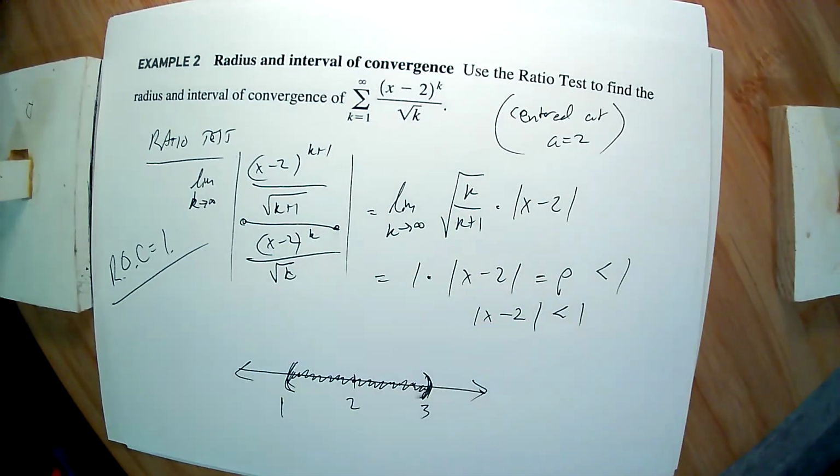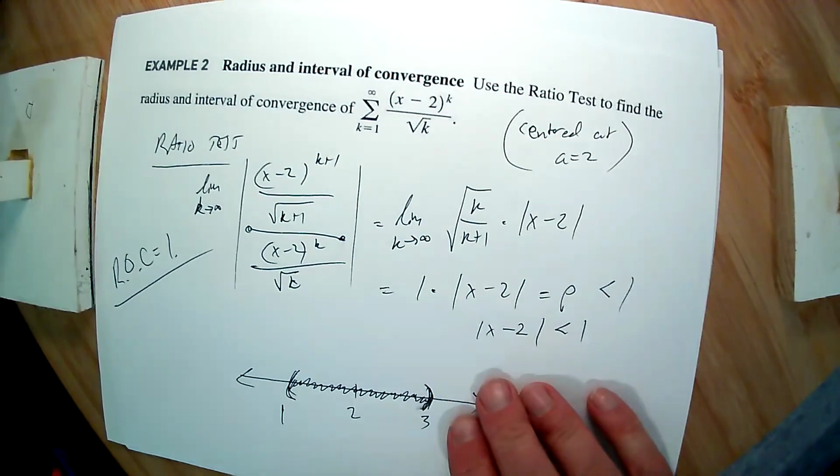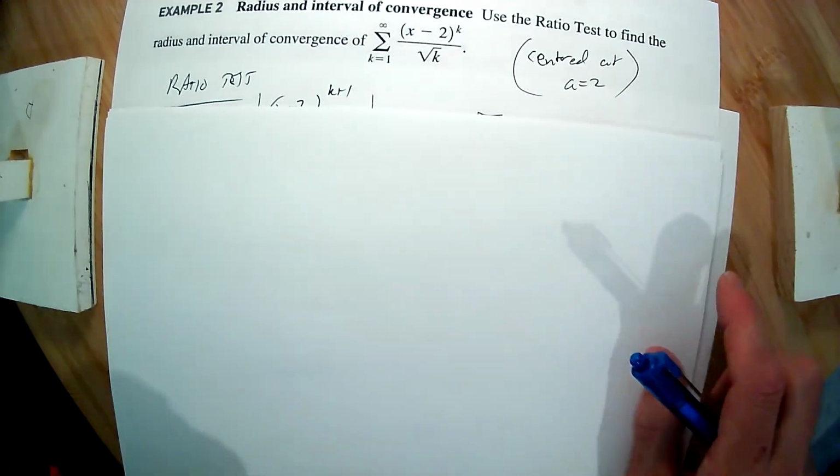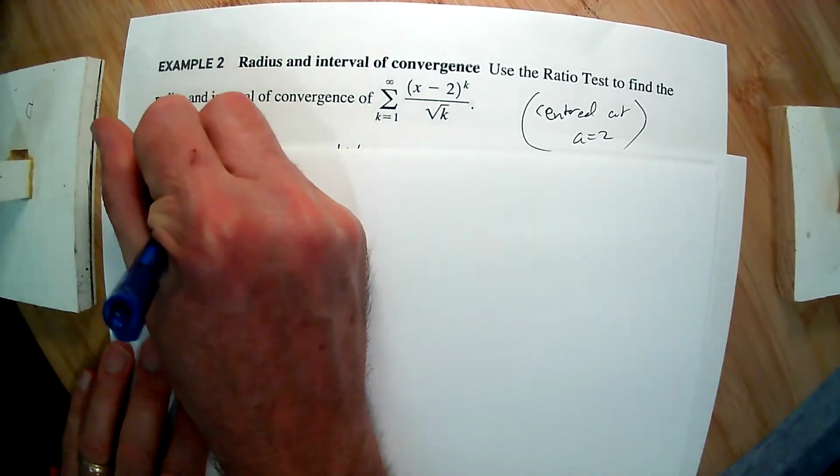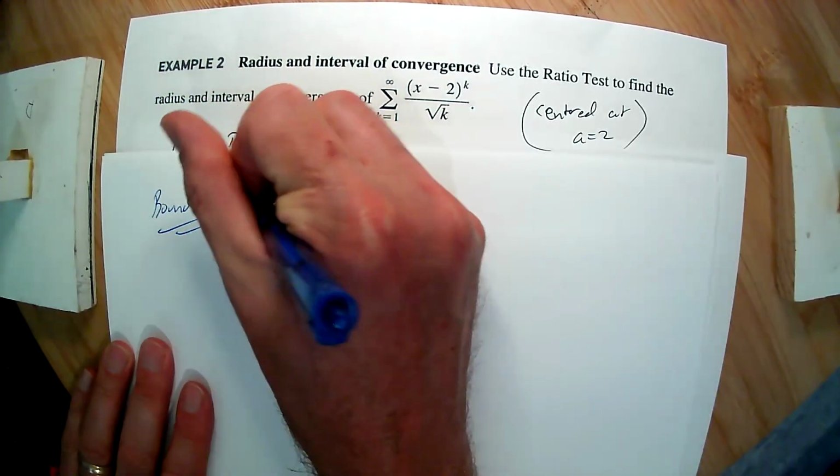Now let's look at what happens on the boundaries this time because something a little bit more interesting happens. So it's worth seeing a case like that. So what happens on the edges? So if I was to plug in, for example, x equals 1, okay? So boundary, try x equals 1.